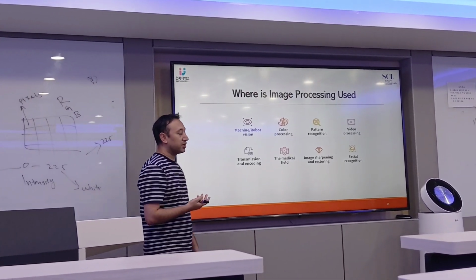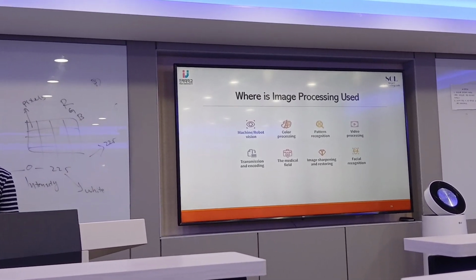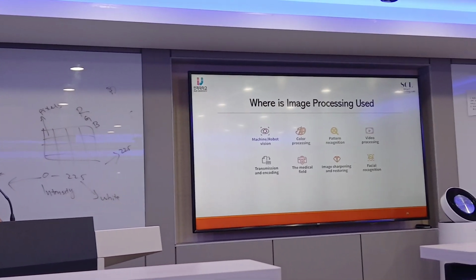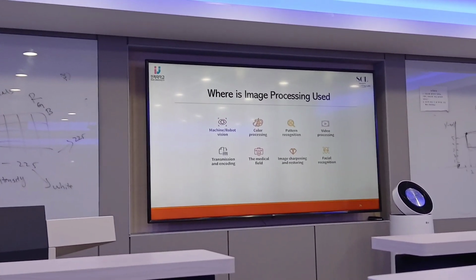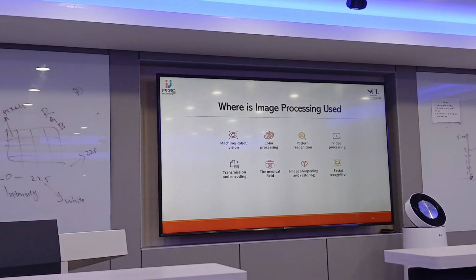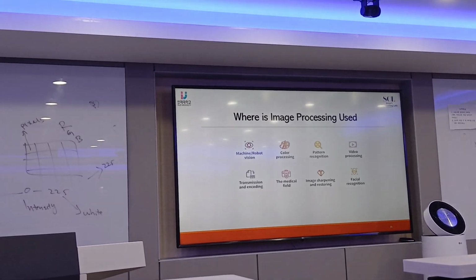And pattern recognition. There must be some patterns of any object, so to find the patterns, you can also use image processing. Video processing, transmission and encoding, and the medical field. It is very popular in the medical field as well.